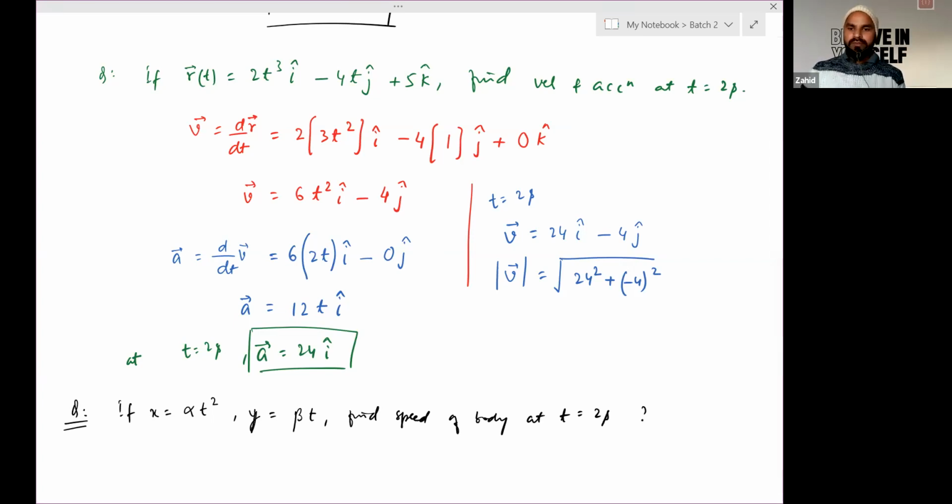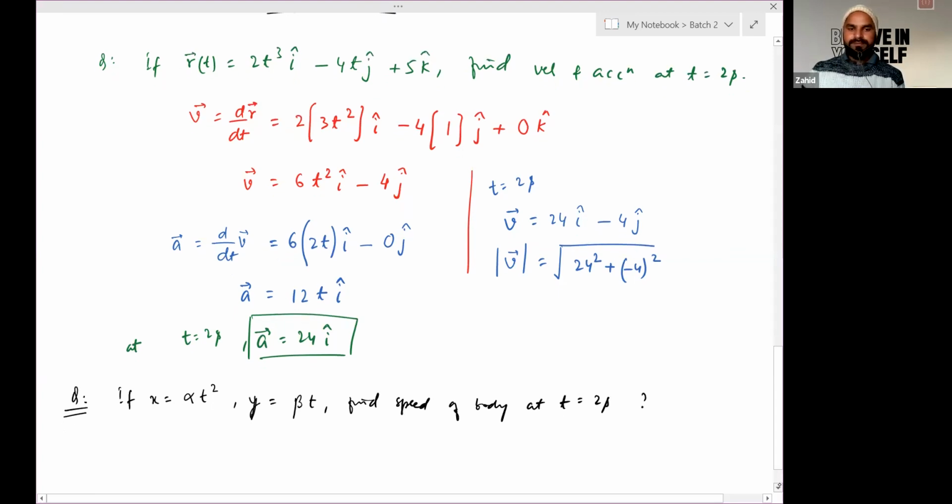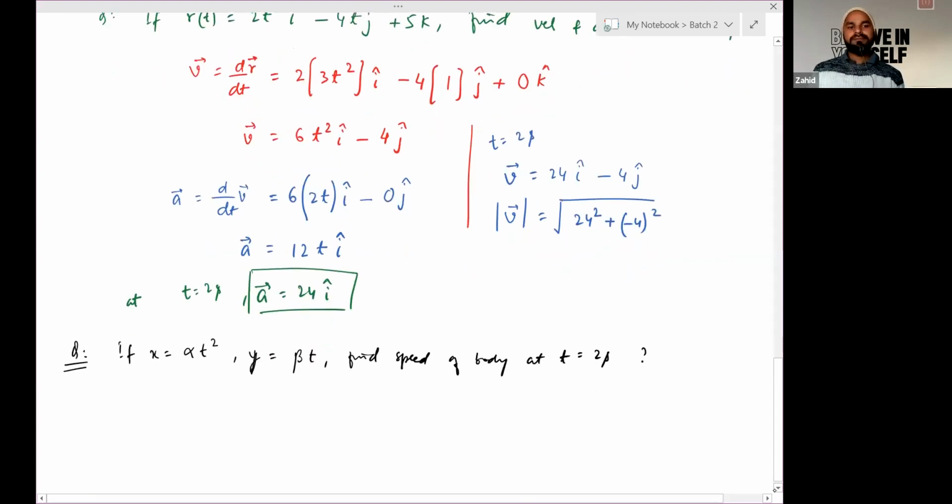Try to find it using the above concept. If you differentiate the x component, it will give you velocity along the x-axis, that will be vx. And if you differentiate y, it will give you velocity along the y-axis. Then put the value of t to be 2 seconds and take the magnitude of them.